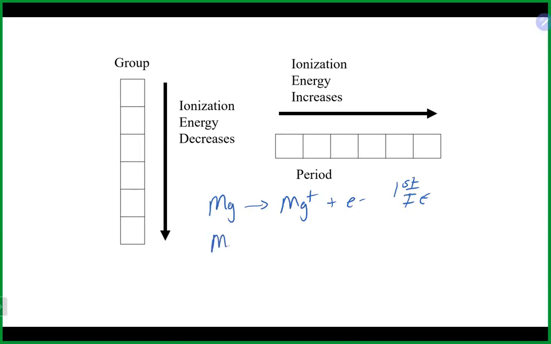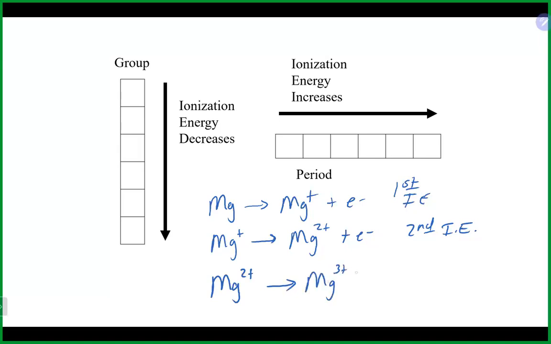Then magnesium with a +1 charge would lose a second electron. And that's known as the second ionization energy. And lastly, our magnesium here with a +2 would lose one more, would be a +3. And that would be our third ionization energy.